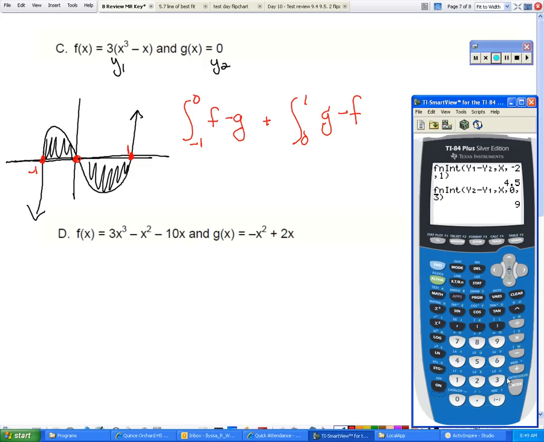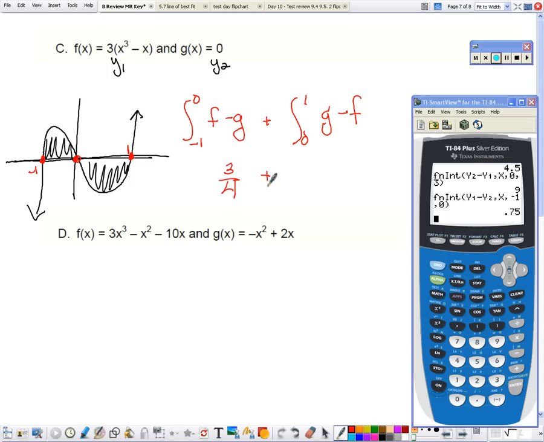So if I hit second enter twice, I'm going to get back to that first one, which was y1 minus y2. And I'm going to change my lower and upper limits to -1 and 0. And we get 0.75, which is 3/4.